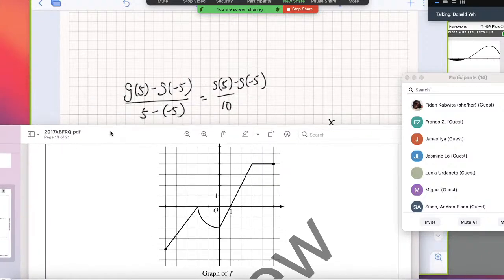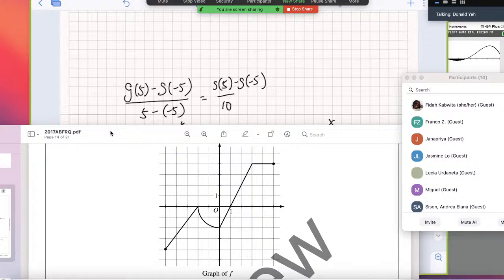That means I'm looking at the integral from 1 to 5 of f(t) dt. From 1 to 5, it's going to give me something like 12.